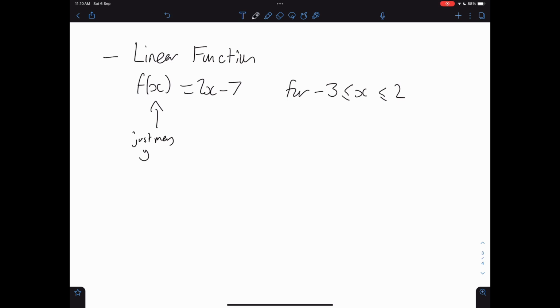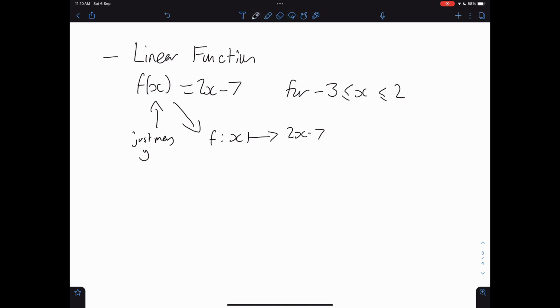It operates on x and turns it into something else, and it essentially means y. This could also be f written like this. It's just another way of writing it. And also g of x, h of x, it all means the same thing. Just means y.